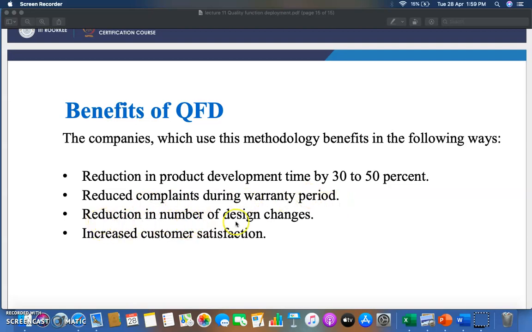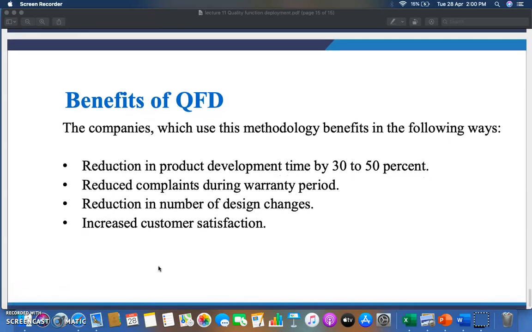It reduces the number of design changes, meaning some design changes will not be needed in the further stages of manufacturing. It also increases customer satisfaction. So in this way you can give some edge to your company for R&D and manufacturing the product in the company itself.